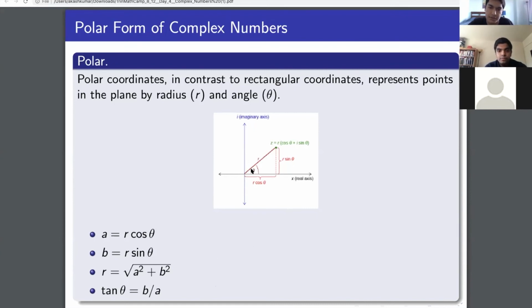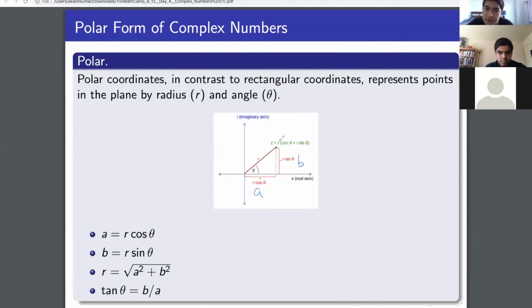with some tricks. You can see that this length, which we've been denoting a, and this part being b for a plus bi, a is actually the same thing as r cos theta. And b is the same thing as r sine theta. So we can think of a plus bi as r cos theta plus i times r sine theta.